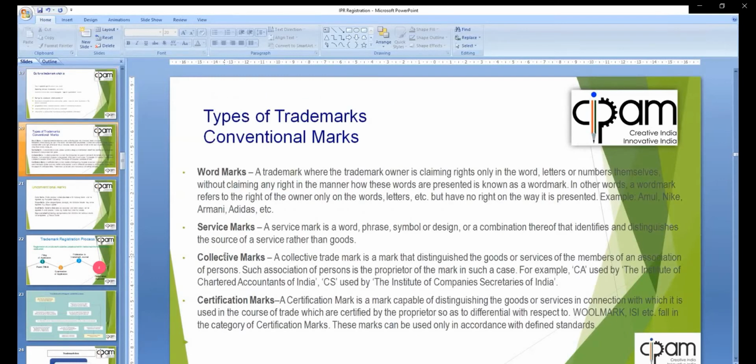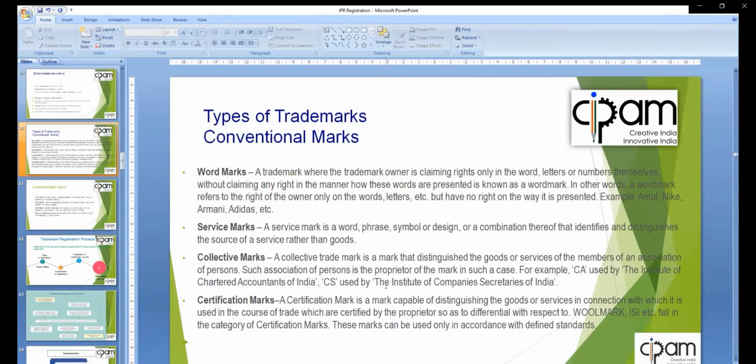The types of trademarks: conventional marks, that is the word mark, as I have shown, for example Amul, Nike, Armani, Adidas. The representation of the word in any way doesn't matter; the word itself is a trademark. Service mark: this representation for the trademark is recognized for the type of service they provide.